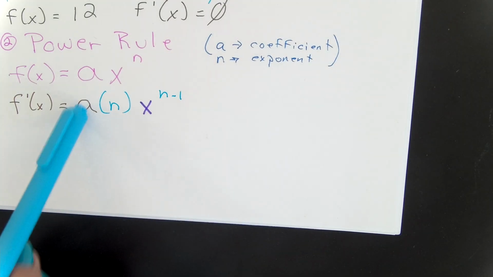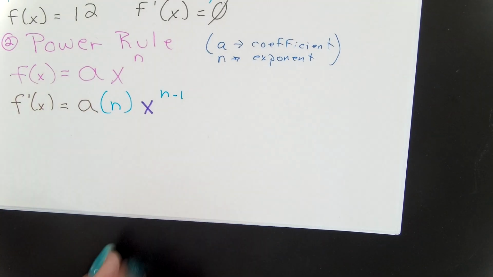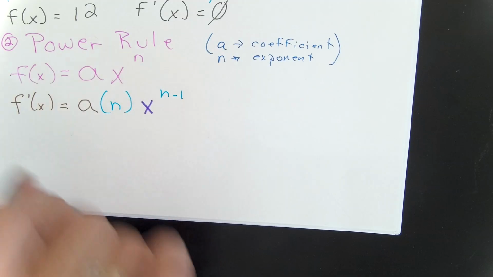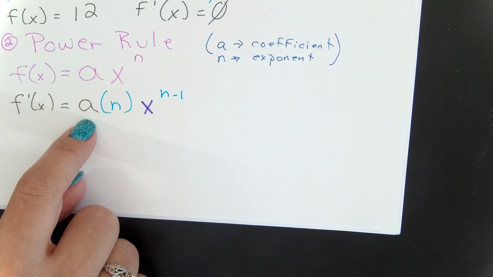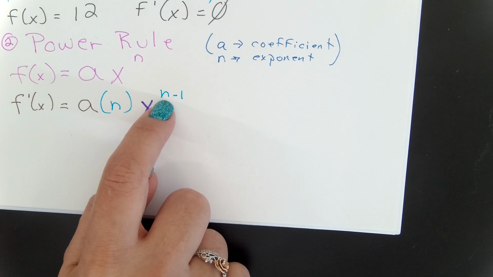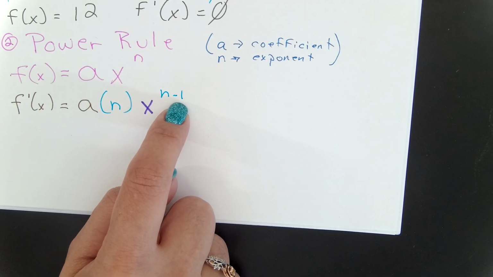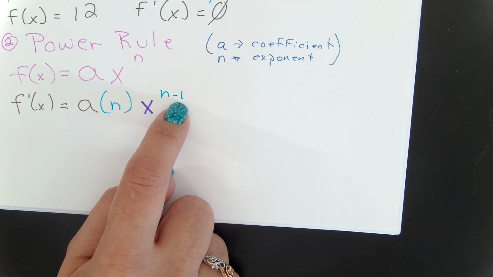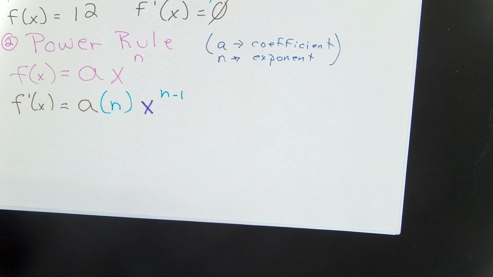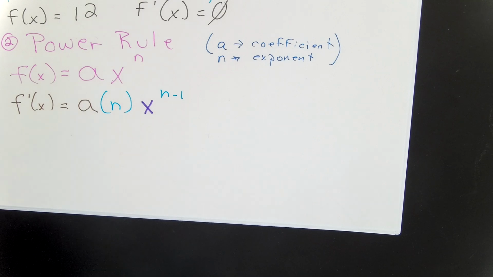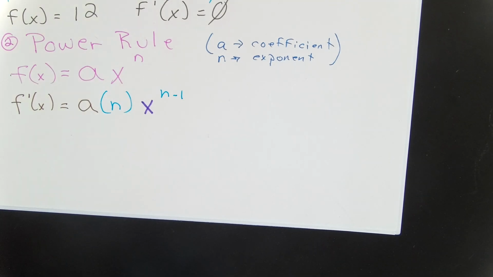I have a coefficient, a. I'm going to take my exponent and multiply it by my coefficient, and then take my exponent and subtract 1. You'll see when I do examples, okay? When you're done writing that down, don't put this away because you're going to need it. Take out the other worksheet that you picked up.